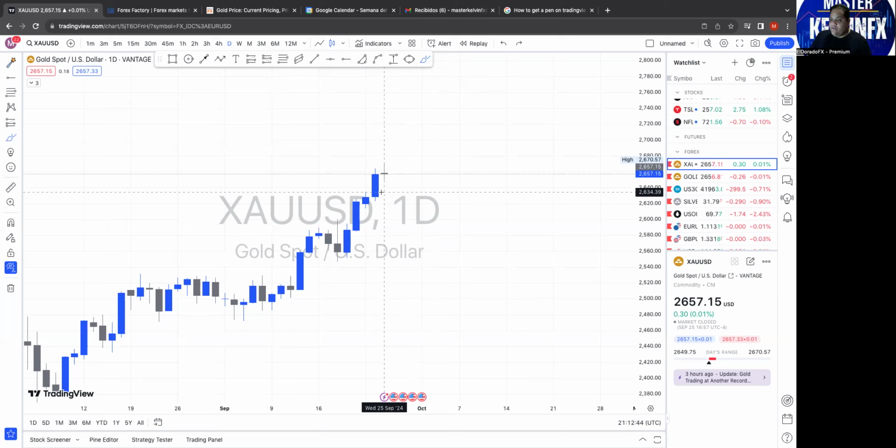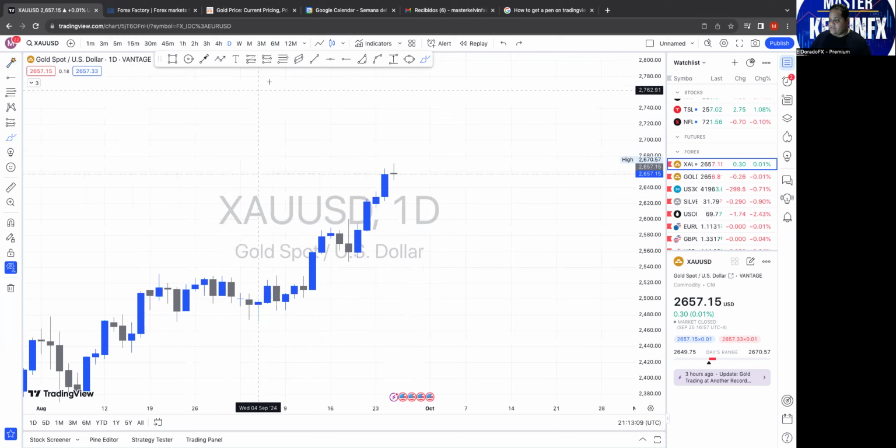So what we're going to do now is give a simple idea straight away, based on zones and price action, and based on that we can determine an entry for the people who like to see things very simple and straight.